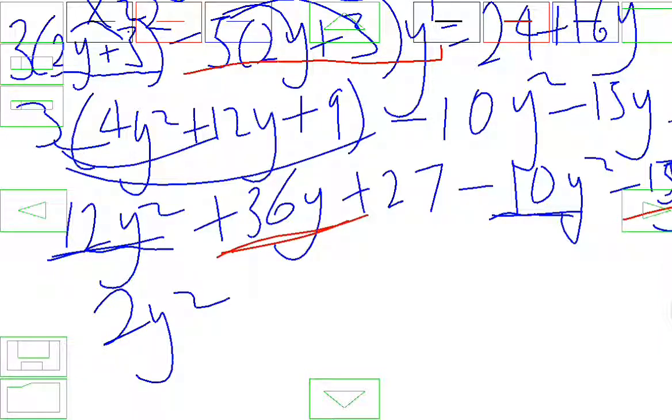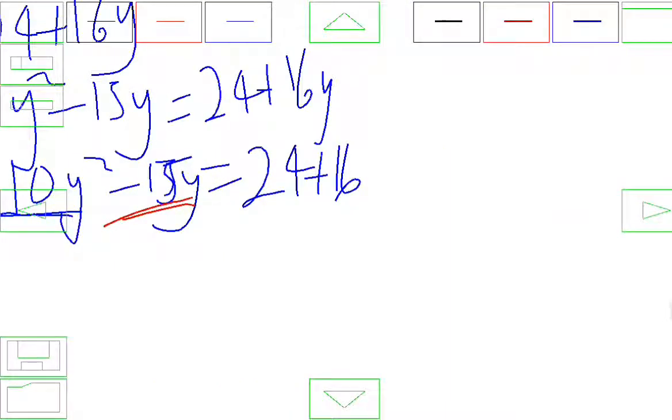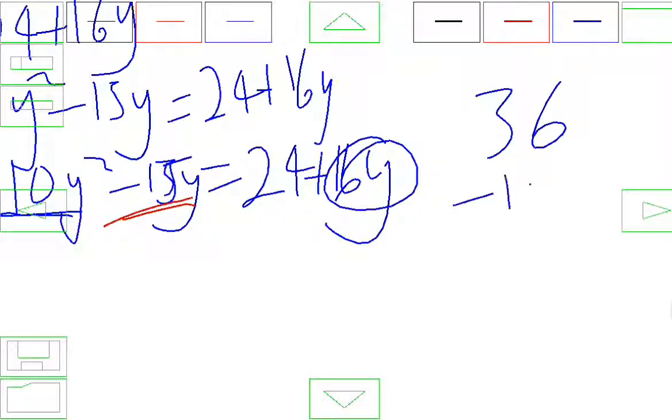Then this here and then that, 36 take away 15 will give us 5. Don't forget this here is a y, so we're going to say 36 take away 15 plus 16.